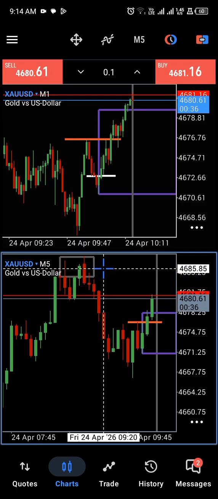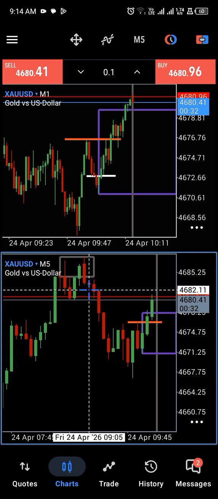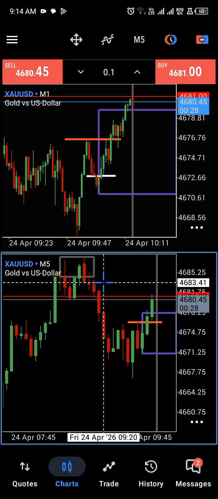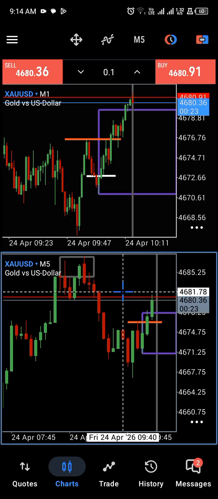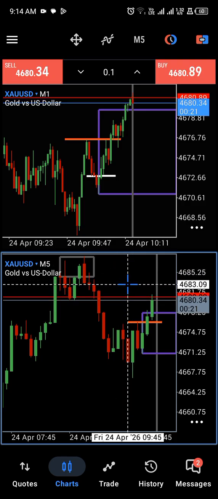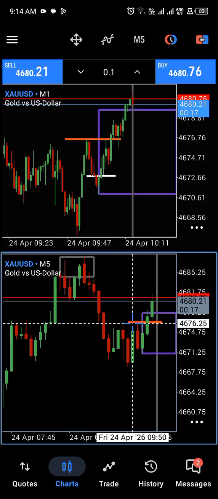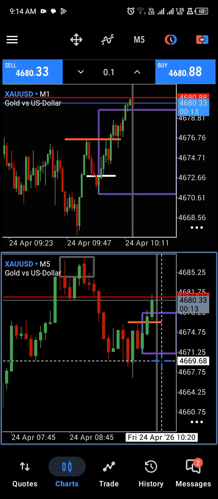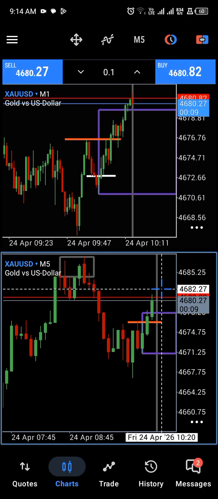So there is a very strong interest from the sellers here. So with that being said, if the market can come tap this same area, even if it does not come to it straight, but from somewhere here, it would be interesting to see this thing at least going back down. But it might not happen, right? This is the market. Maybe buyers can start pushing this thing aggressively to the upside.